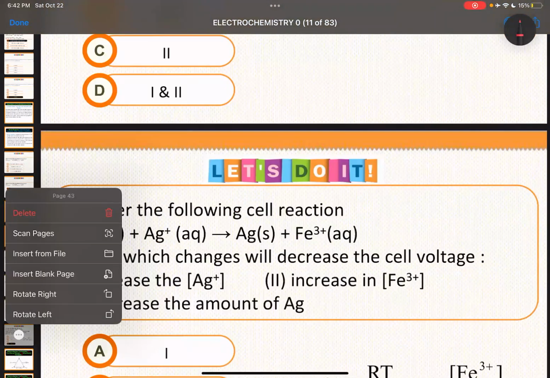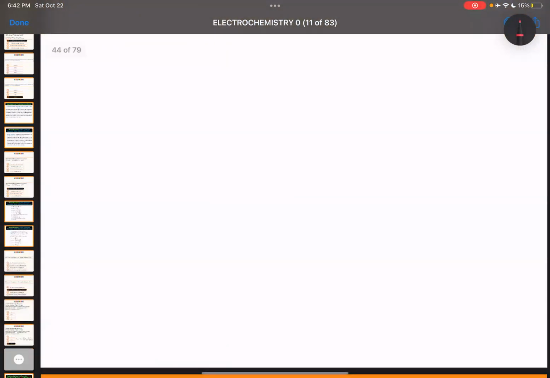So let me add some more questions. What is the electrode potential of a standard hydrogen electrode?